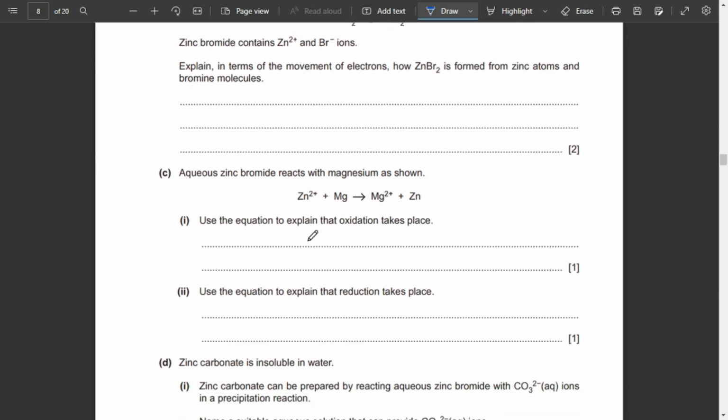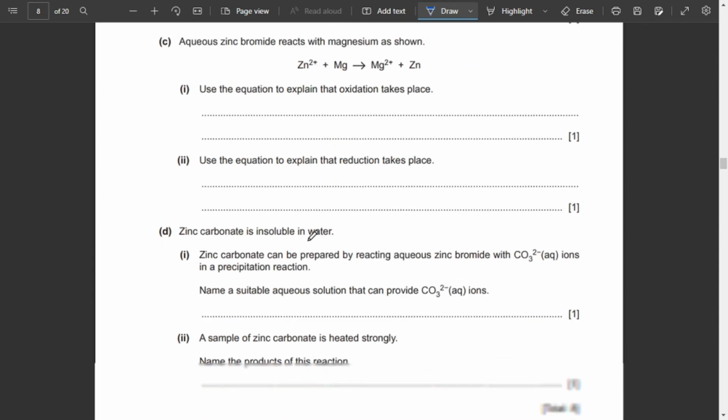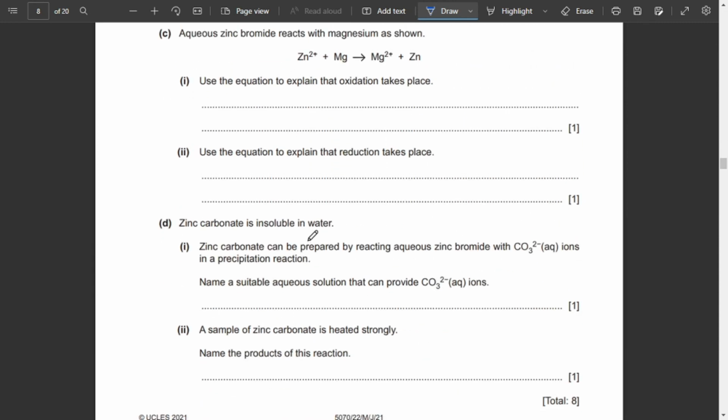Moving on to part 2, use the equation to explain the reduction that takes place. Since here we're talking about reduction, we are going to mention zinc, the oxidation number of zinc is decreasing, hence reduction is taking place. And why is it decreasing? Because zinc is basically gaining electrons, that is why its oxidation number is decreasing. Moving on to part D, zinc carbonate is insoluble in water.